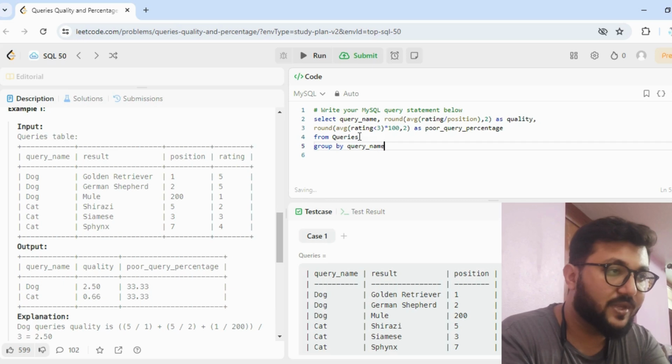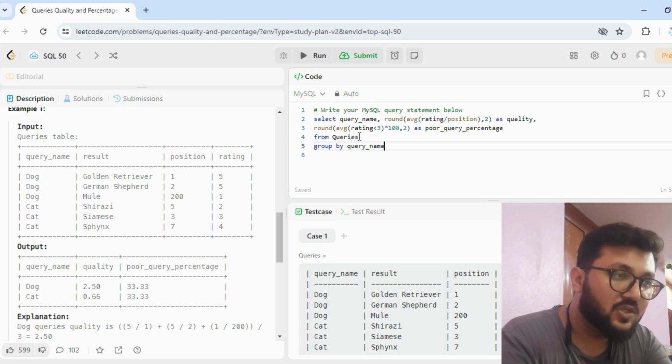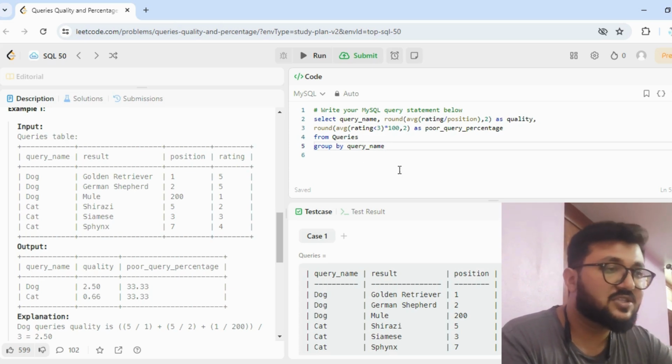Otherwise, if I don't use query name, it will take the value of the whole table, of all query names. So to specify each query name, the calculation will be done on each query name. So I am using group by query name. First it will take dog or cat, whichever comes earlier, and go for the calculation, and then go for the next query name. First it will go for dog, then cat. If any other animal is there, it will go for the next one also. So this is what my query will look like.